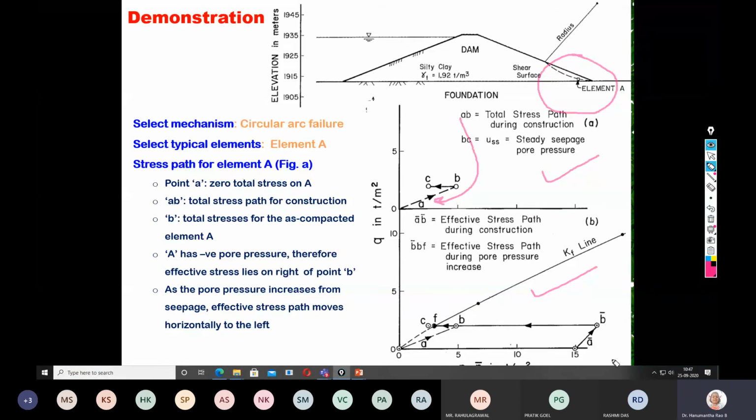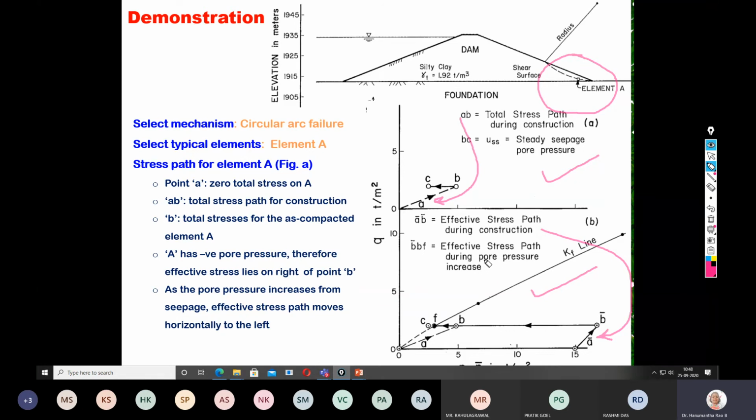Then A bar B bar is the effective stress path during the construction. If you want to measure the pore water pressure during the construction, this is how it looks, and B bar F is the effective stress path during the pore pressure.